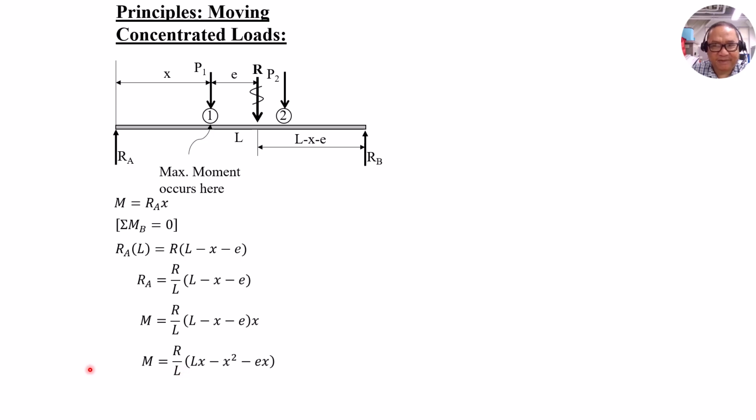Maximizing moment by differentiating this moment expression with respect to X, we have R over L quantity L minus 2X minus E. Then equate to 0. That means L minus 2X minus E equals 0. So that means X is L over 2 minus E over 2.